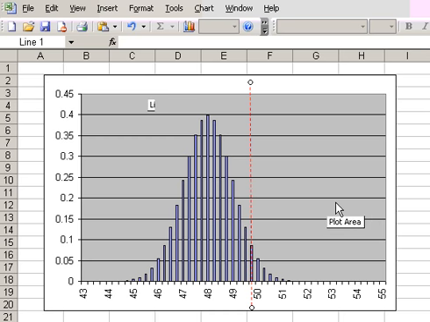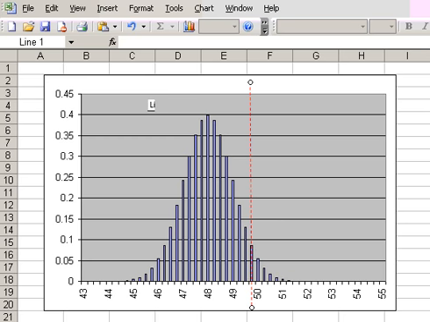So that is what I have done with the red line. I have moved it back to include more of the blue distribution. Now about 5% of the blue distribution is to the right of the red line.